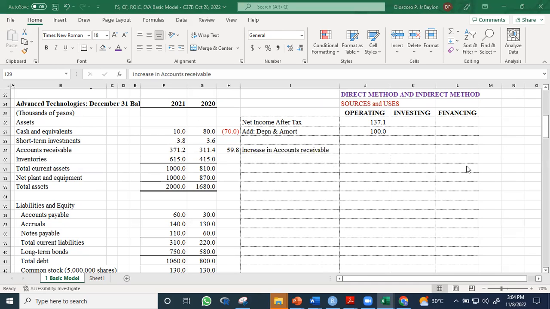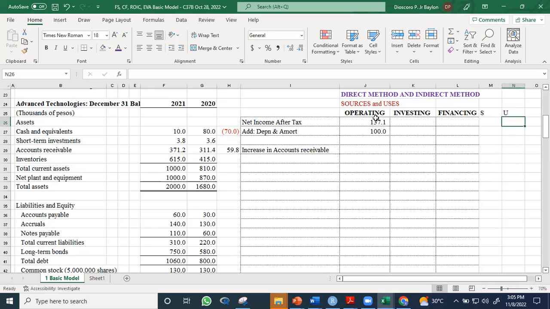Now, next question. I have two questions, and I want you to write your answer as two letters. The first question is, where will this increase fall: operating, investing, or financing? And second, will it be a source of cash or a use of cash?